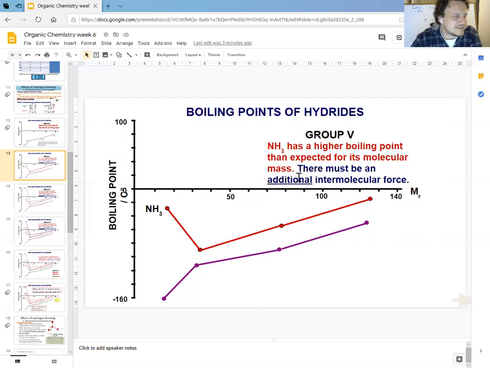So there must be an additional intermolecular force, and we know that this is hydrogen bonding.